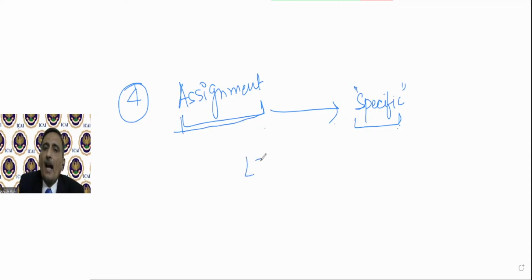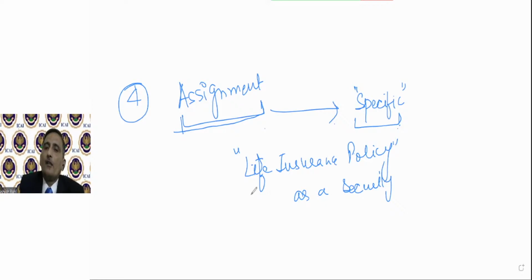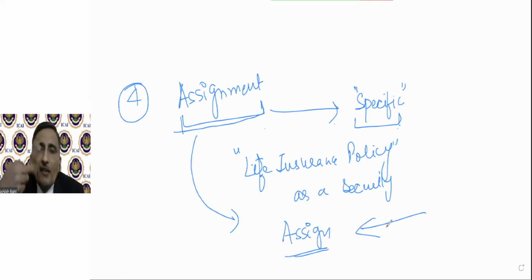Like say I have got a life insurance policy. I want to keep this life insurance policy as a security for availing some loan with the bank. Then I have to assign the policy in favor of the bank.